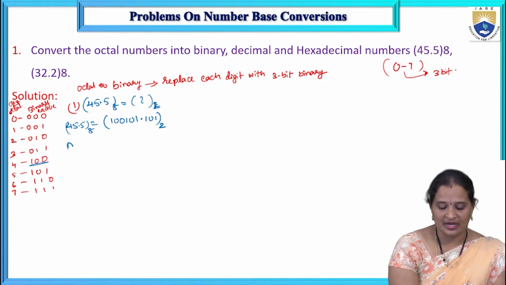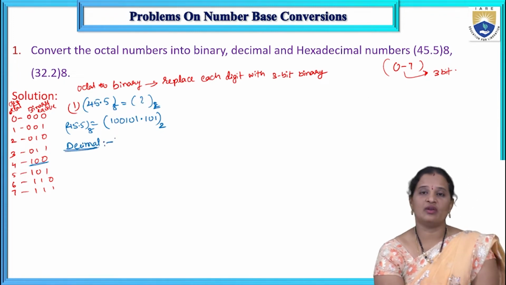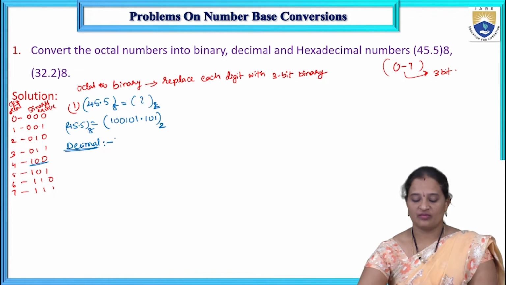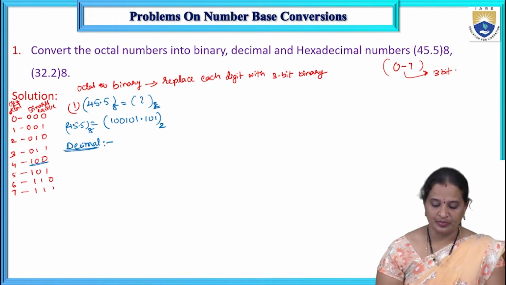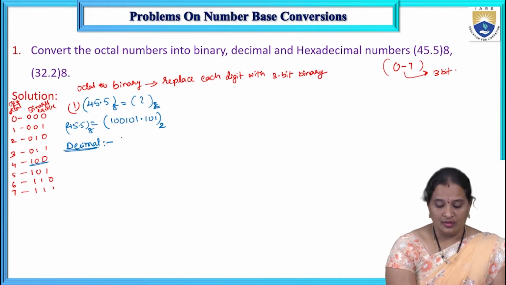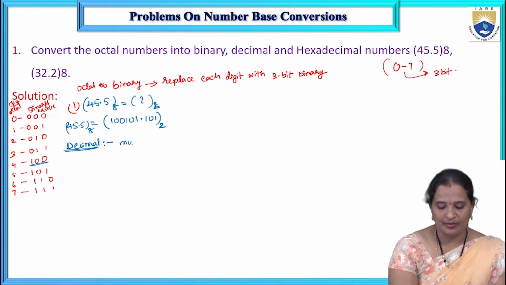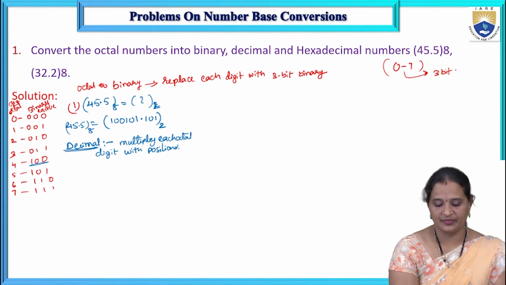Now coming to the decimal. How to convert a given octal number into decimal? What we need to do is first multiply each octal digit with its positional weight, and add all the products.